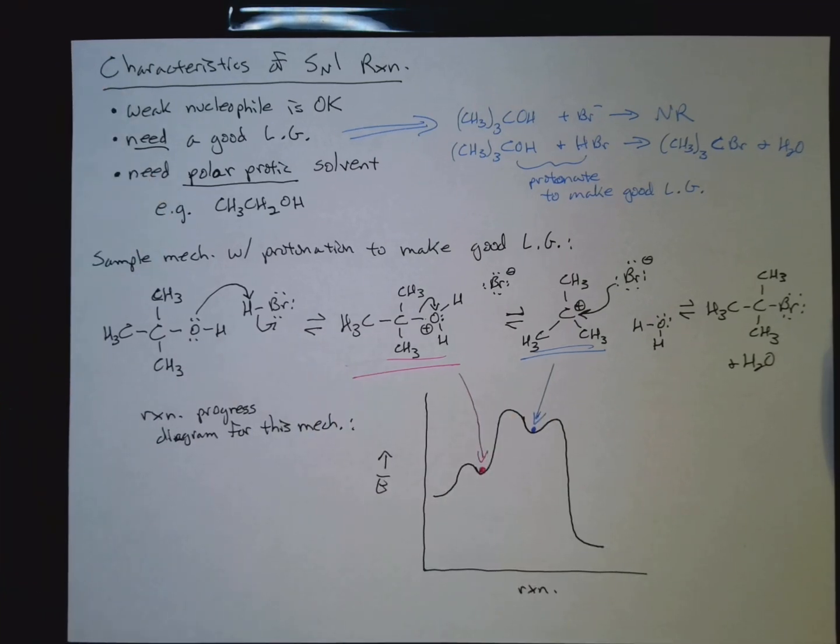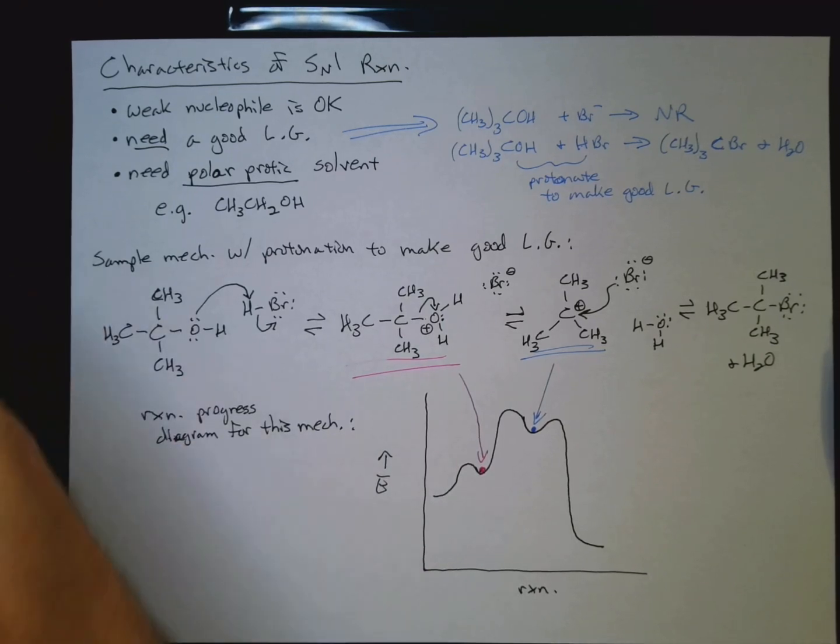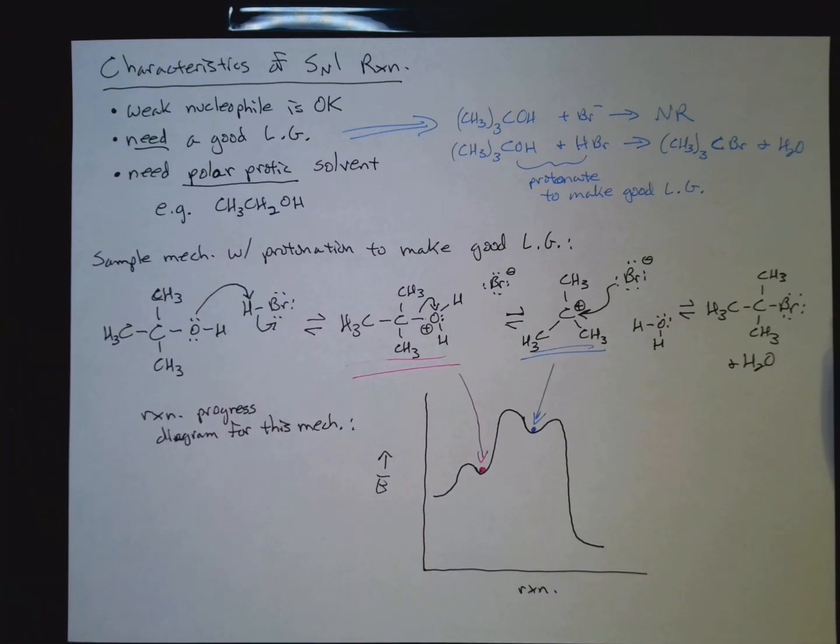And these protonation steps can occur. You could have a later protonation step if you have a weak nucleophile, like an alcohol. You're going to need to deprotonate at the end. And we'll look at some examples of these later on. It's conceivable that even in an SN2 reaction, you could have a protonation required to make a good leaving group. But typically it's found in an SN1 reaction.